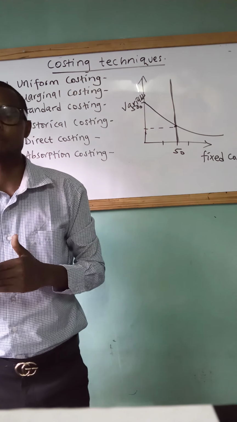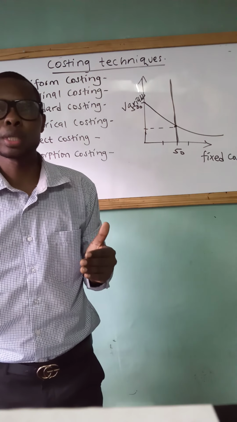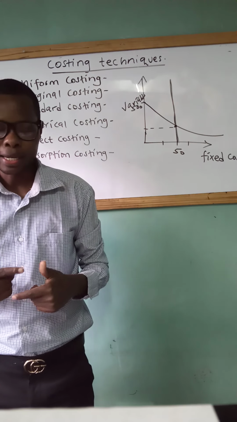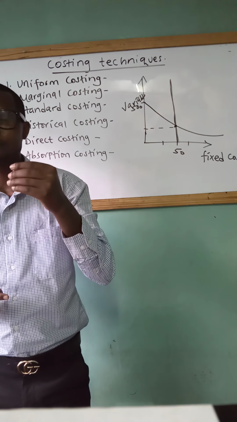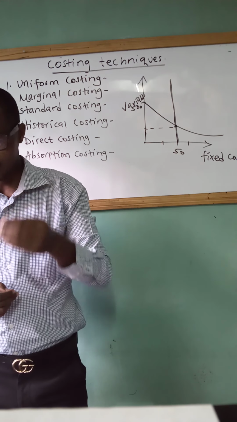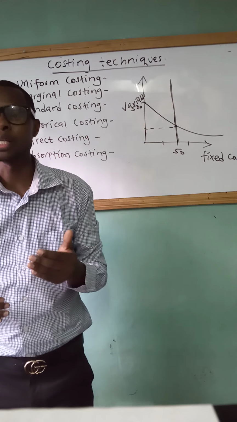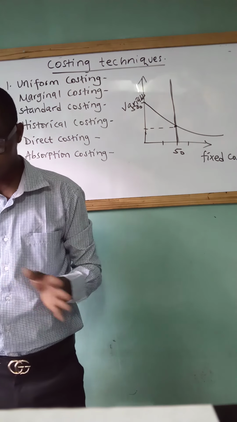Is the process the same as what happened yesterday? So if what we did yesterday is exactly what we've done today, in order to produce a product, then we shall definitely carry out what we call a standard costing, kind of an approximation, where we say, okay, yesterday we incurred a cost of 5,000. It is the same cost, given that everything has remained constant.